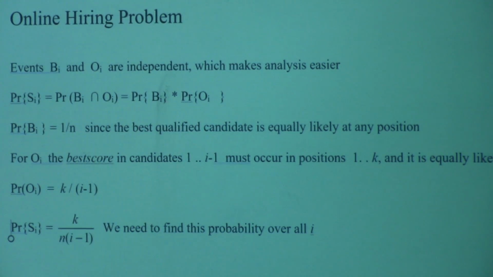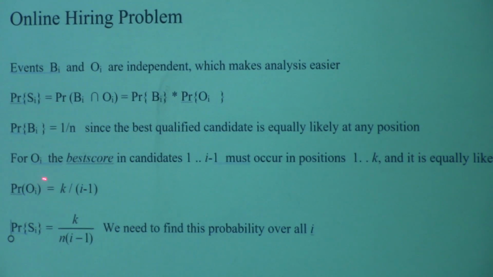Now, the probability that the ith person is the best is simply 1 over n, because we are assuming equally likely location of everybody within the sequence. So the probability of B sub I is 1 over n. Now, for O sub I, the best of candidates 1 through I minus 1 must occur in positions 1 through k, and it's equally likely.